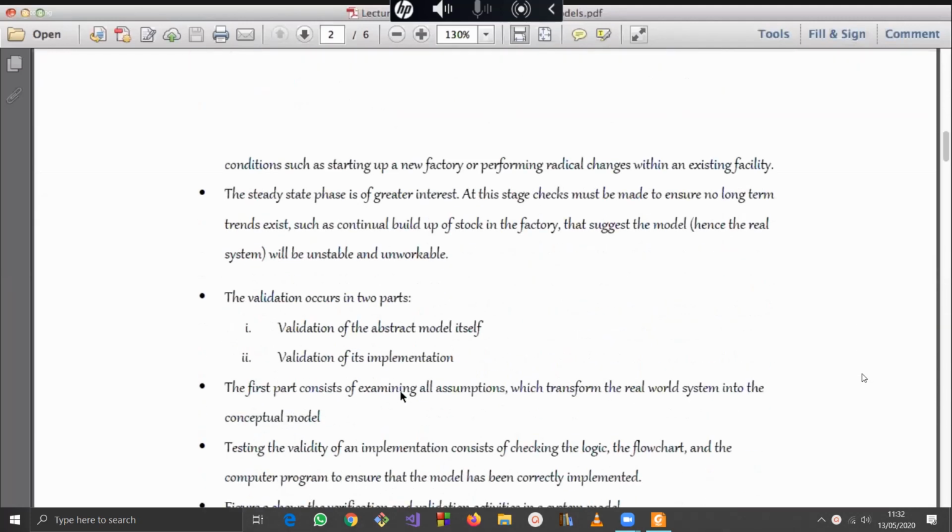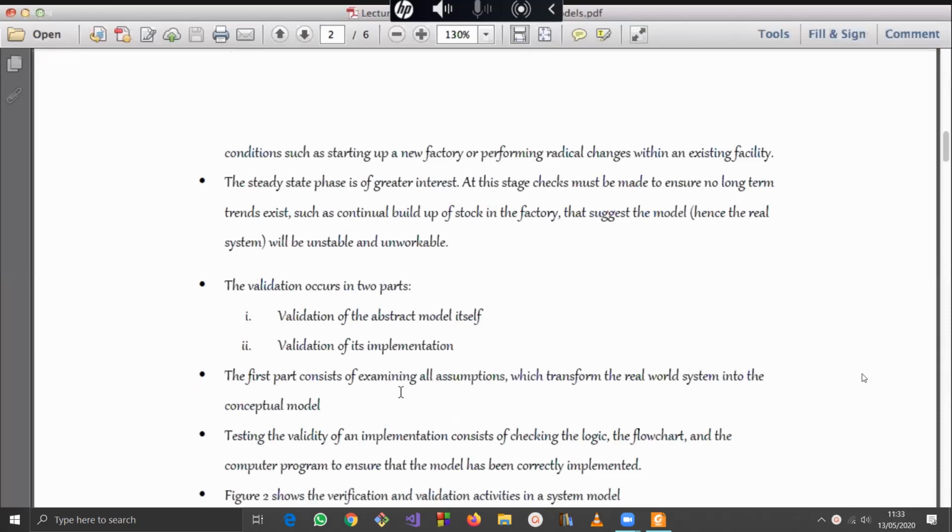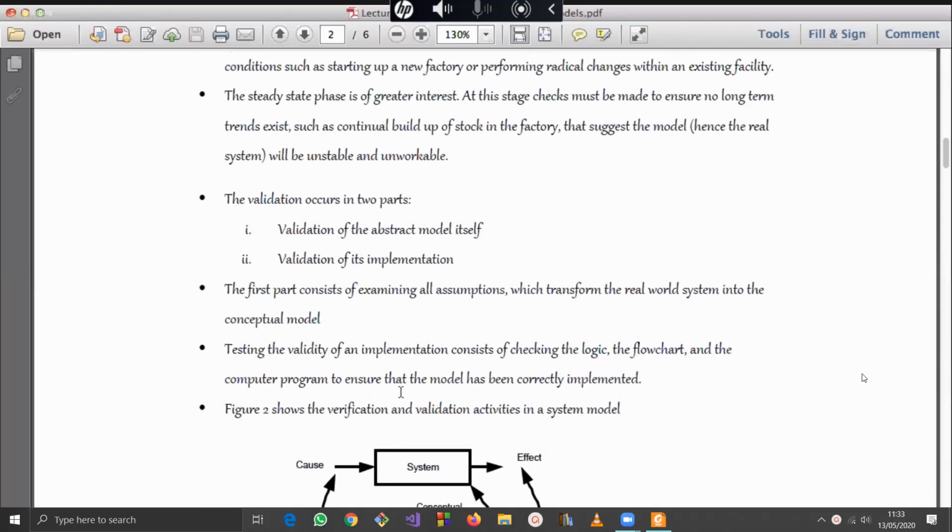We also talked about validation can occur in various levels, at the abstract stage or abstract level, and it's also at the implementation level. And we actually said what each one of these is.